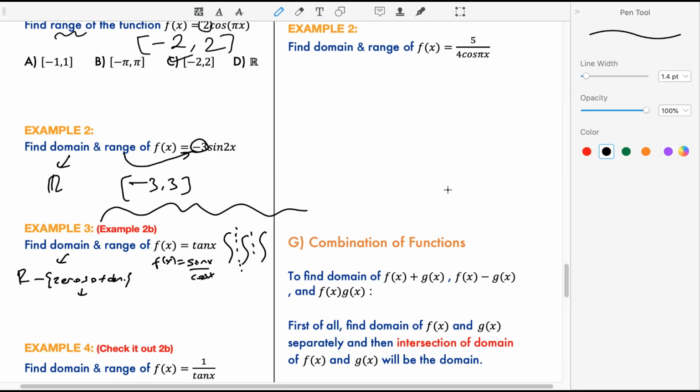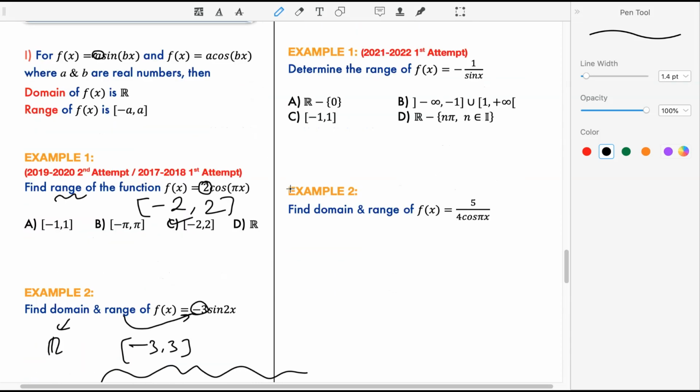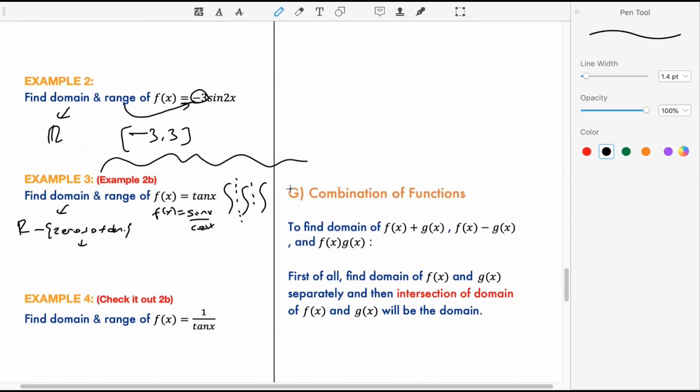So we just know that when cosine x is 0, then x is pi over 2 plus k pi. We need the numbers that make cosine 0. So when cosine is 0, what are those values? x is pi over 2 plus k pi.